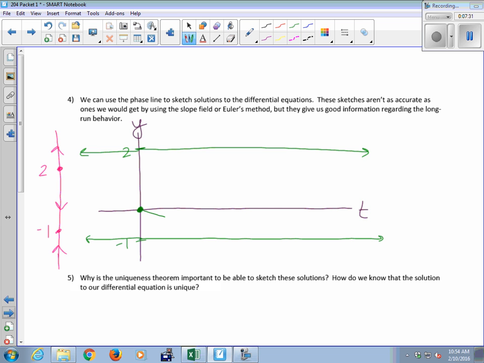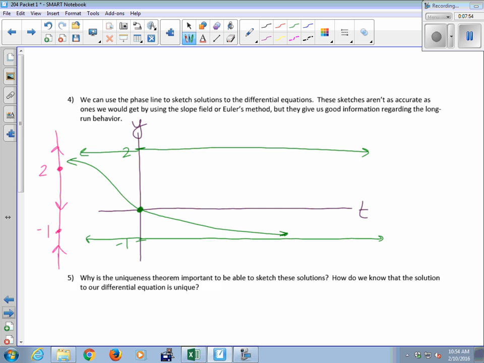So it's going to go down towards my equilibrium solution over here, and it's going to go up like that over here. And again, this is really a rough sketch. I don't know exactly what it does, except that it's decreasing. So it's hard to know exactly how fast it's decreasing, but it gives me information about the long run behavior.